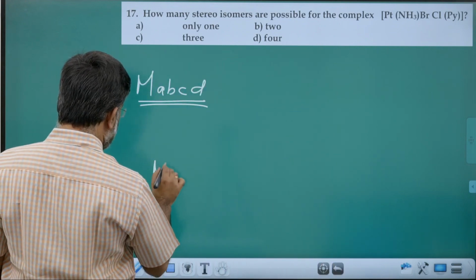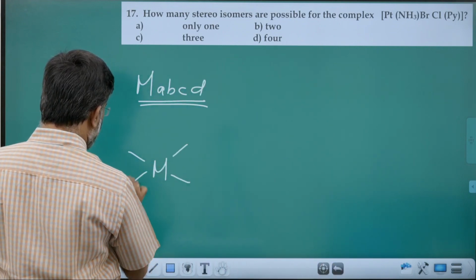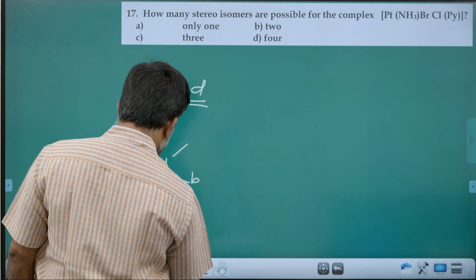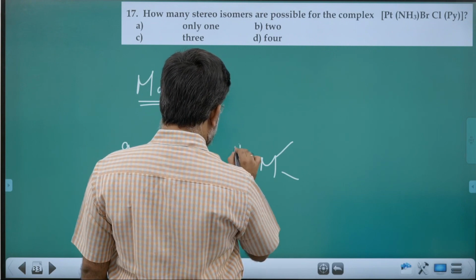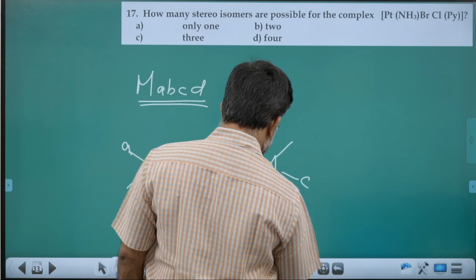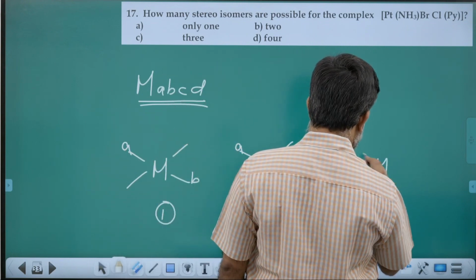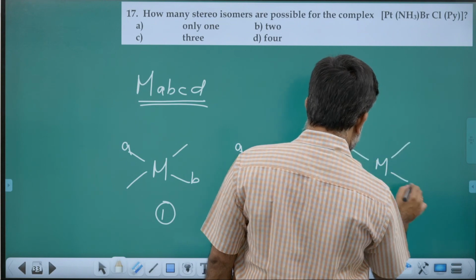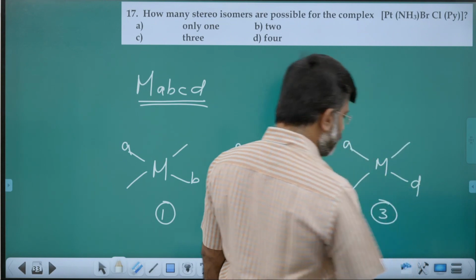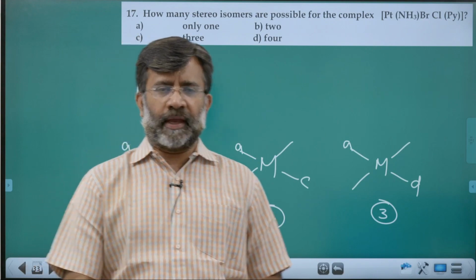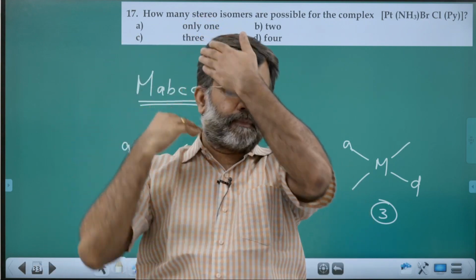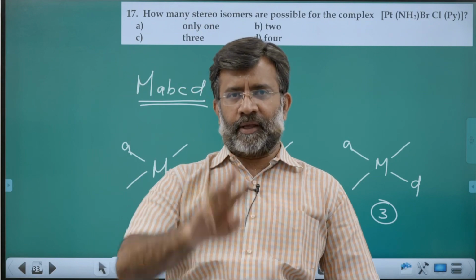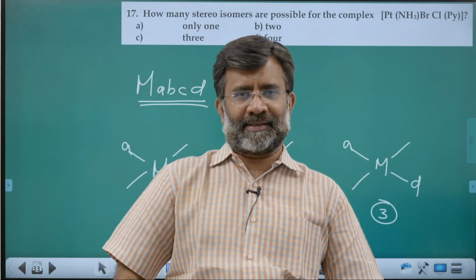You will have three configurations: AB, one configuration; AC, the next configuration; AD, the third configuration. So you fix the position of A and change the relative position of the others. Like AB, AC, AD, you will get three configurations.